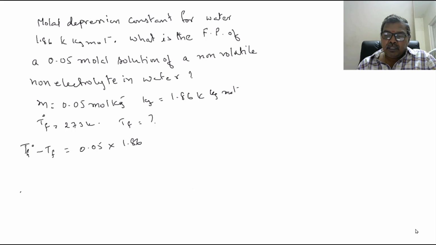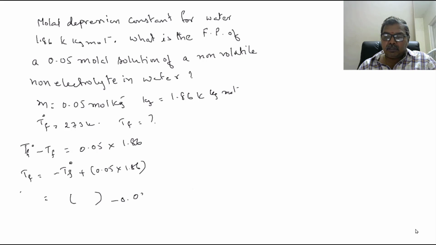Therefore Tf is equal to Tf naught minus 0.05 into 1.86. You calculate this, simplify, you may get minus 0.093 degrees Celsius. Here I converted the Kelvin scale into degrees Celsius. This is the freezing point of the 0.05 molar solution.